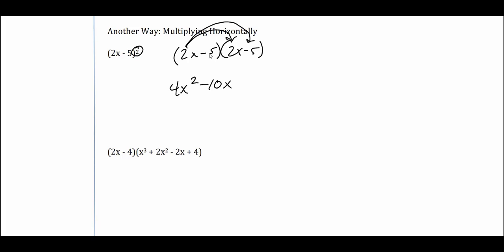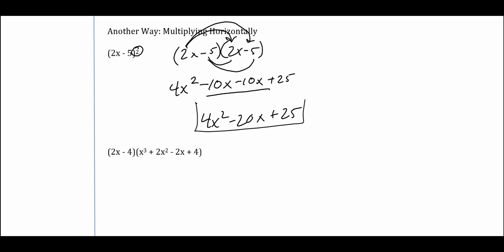Then I take the second one and the first one. I've already used the 2x on both of these terms. Now I'm going to use this on both of those terms. So negative 5 times 2x is negative 10x. Negative 5 times negative 5 is positive 25. I can combine these: 4x squared minus 20x plus 25. Again, that is multiplying horizontally.